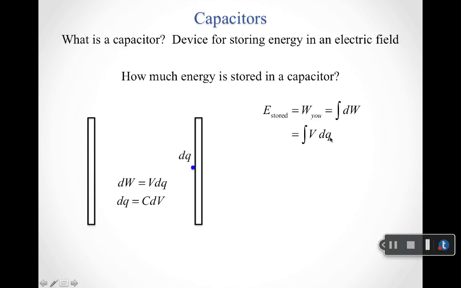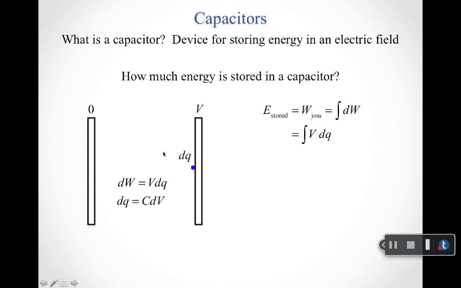And so dQ, well, we know that we can write that as C, because that's just the capacitance that's dictated by the geometry of my capacitor, times dV, as I move these charges, I basically change the voltage a little bit, because as I build up more and more charges over here, I'm going to increase the potential difference between my two plates.